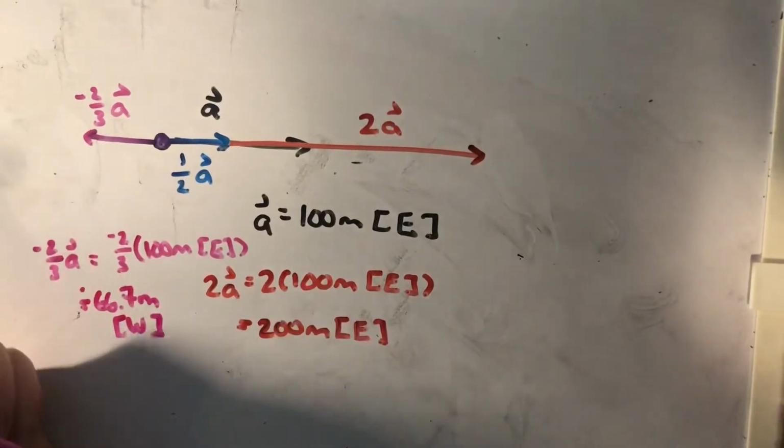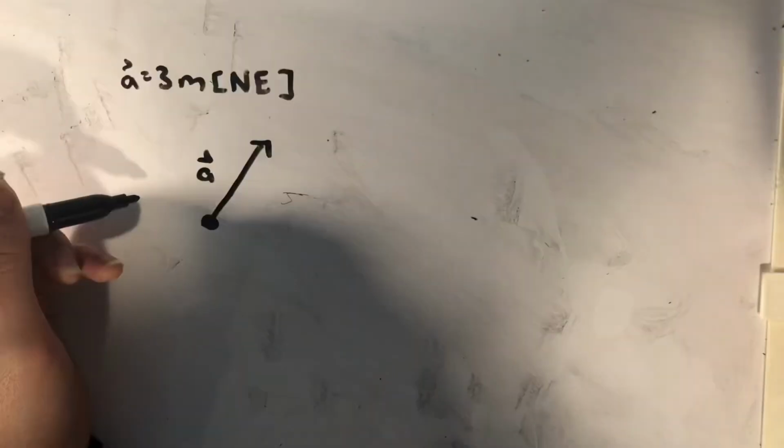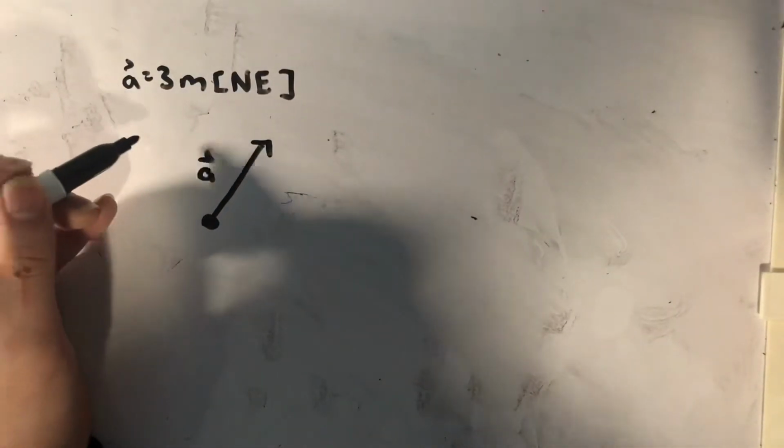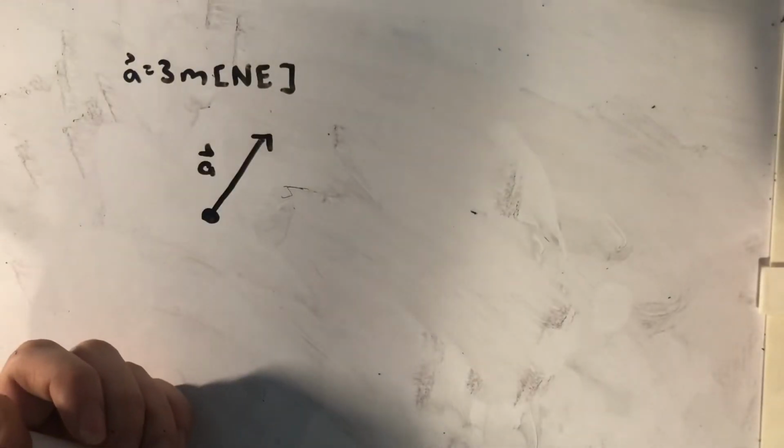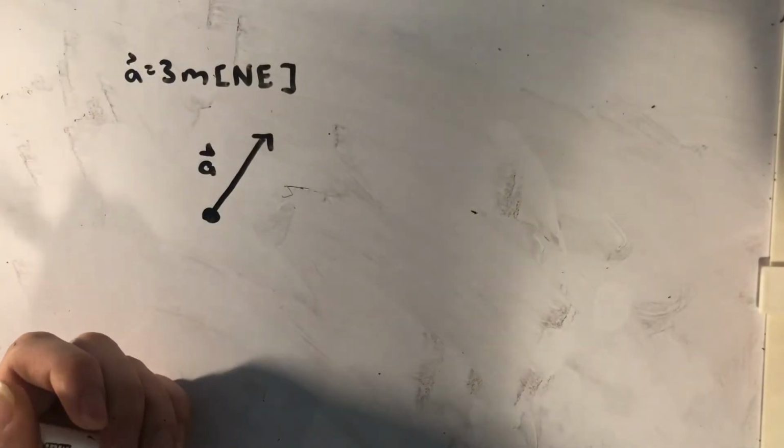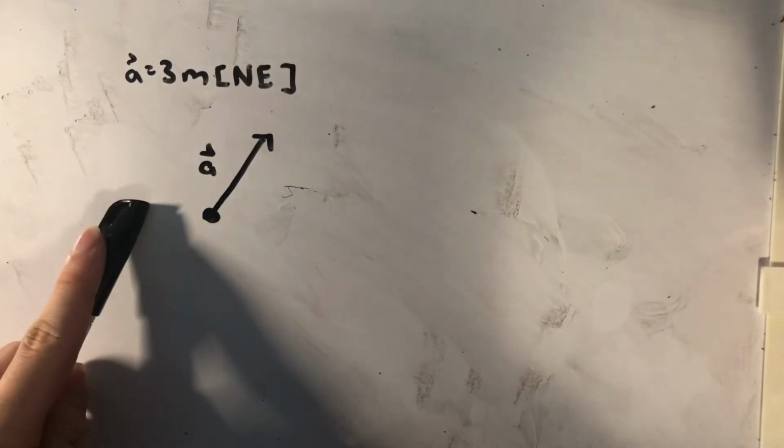because that negative applied to the east and flipped it. Another useful feature of multiplying by scalars is we can make unit vectors with them. We can make a unit vector out of any vector really. So say I have vector a, which is equal to 3 meters northeast as displayed here. A unit vector is just any vector with a magnitude of 1. So we can easily make this example into a unit vector.